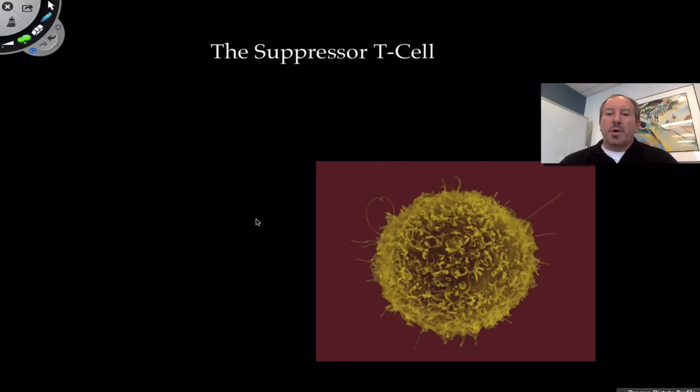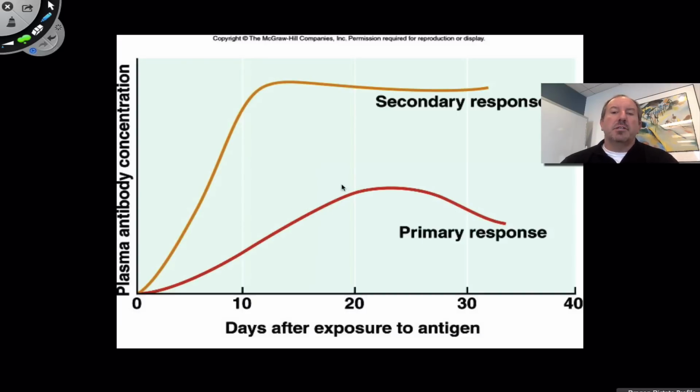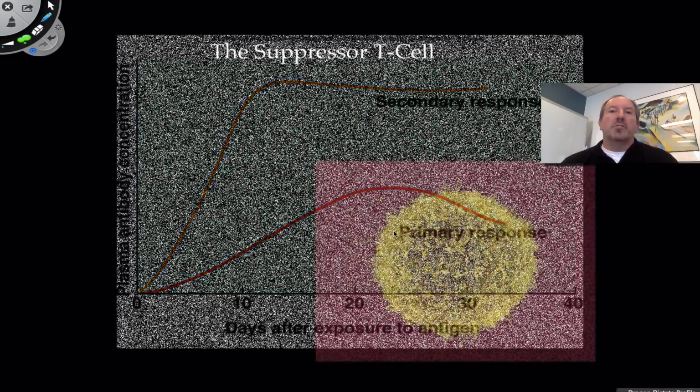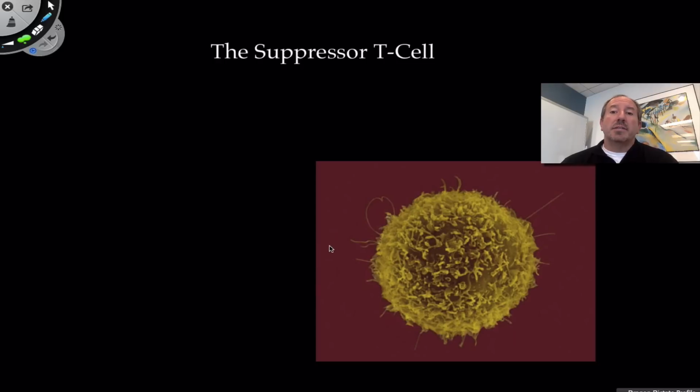Let me go back for a second. Do you notice here that after the primary response, there's a decline in antibody production? An analogy would be if your country was at war, and it takes maybe several months to get the draft and the numbers to increase and increase.